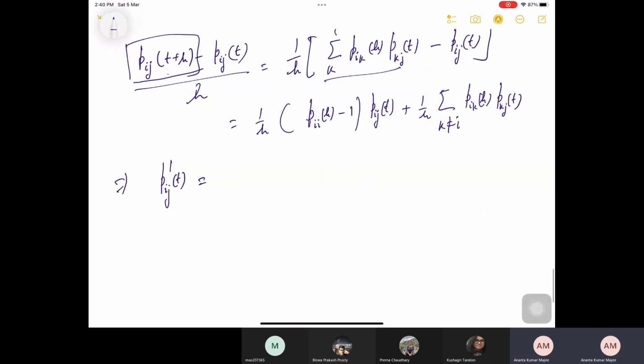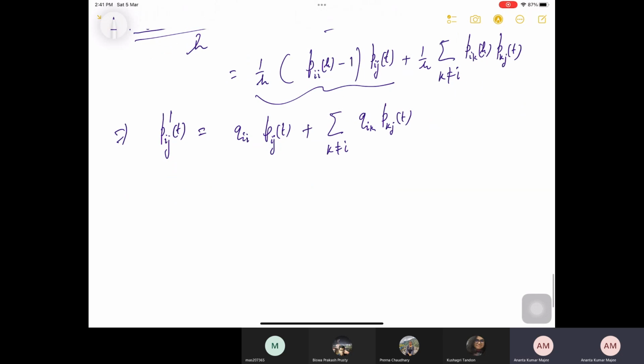So from here I have Pij prime of t equal to Qii times Pij of t, plus, since Pik of h by h as h goes to 0 is nothing but Qik for i not equal to k, the summation over k not equal to i of Qik times Pkj of t, because this is independent of h.